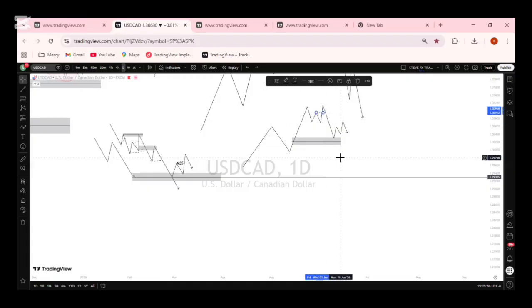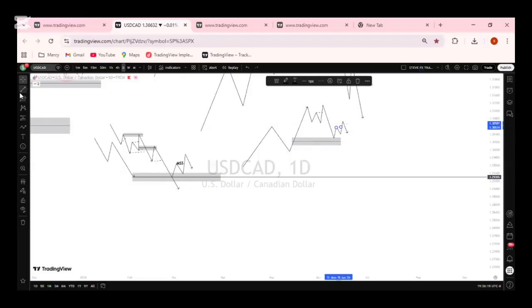So if market is reacting from a point of interest, or a key level, that is where we have our shift in market structure. It could be an order block, a breaker block, or anything. Once market is reacting from there, that means we are having our first indication that the direction might be changing.